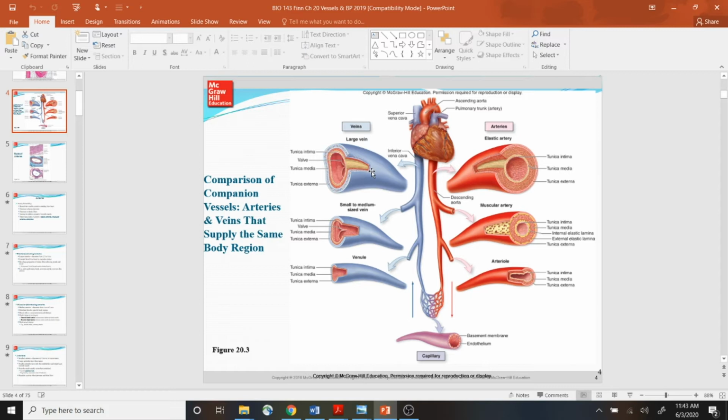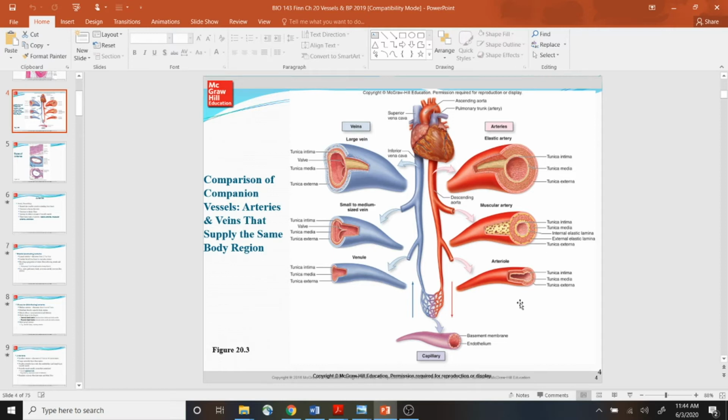Now there are three types of arteries: elastic, muscular, and arterioles, and that's what we're going to look at next. As you look at these arteries, elastic, muscular, arterioles, and then the arterial portion of the capillaries, notice that they're getting smaller in size, and as we get to the smallest capillaries, they basically just have a single endothelial layer, a thin wall.